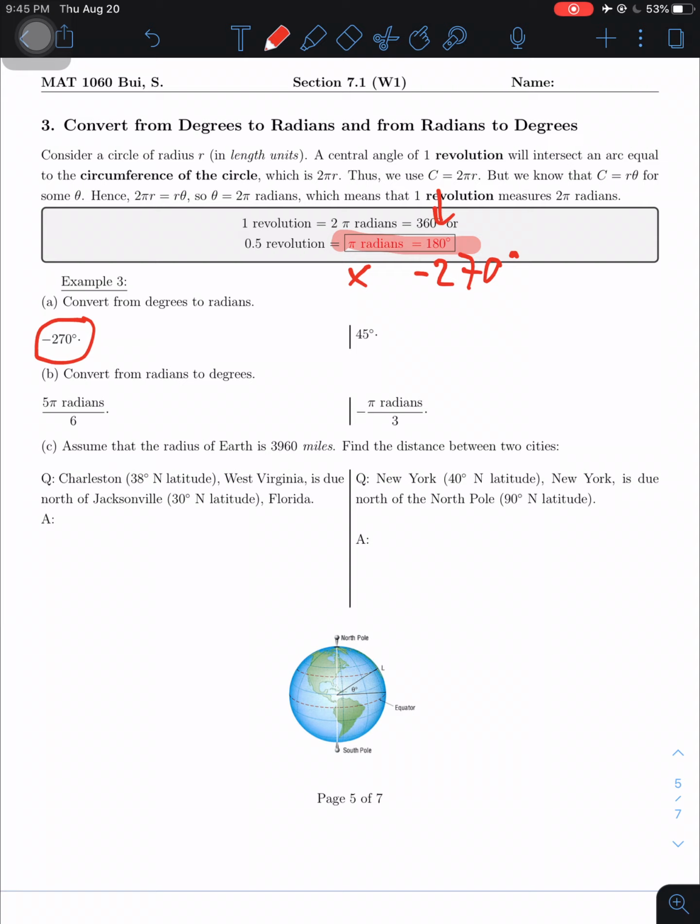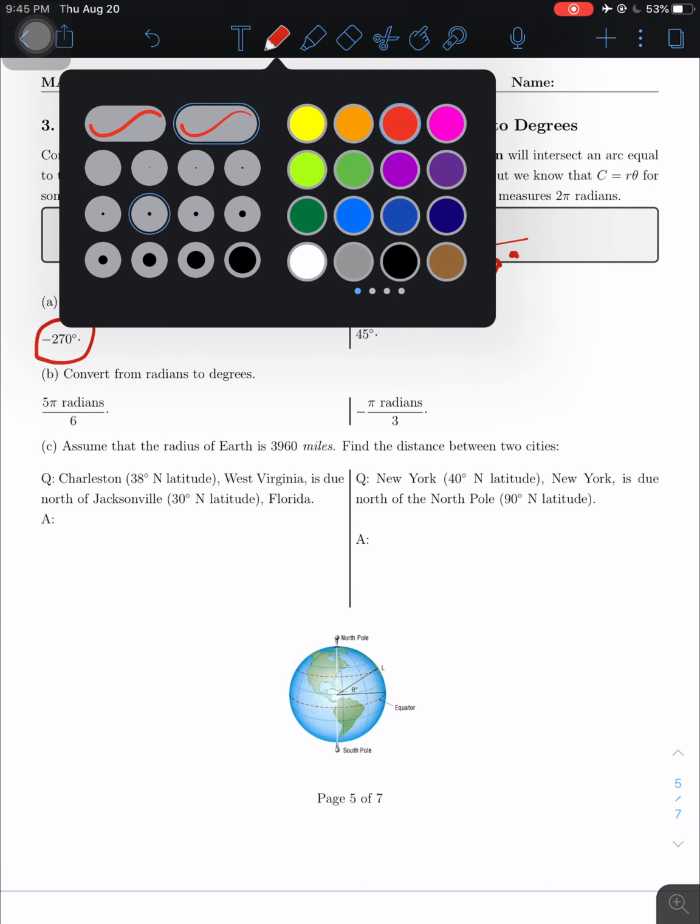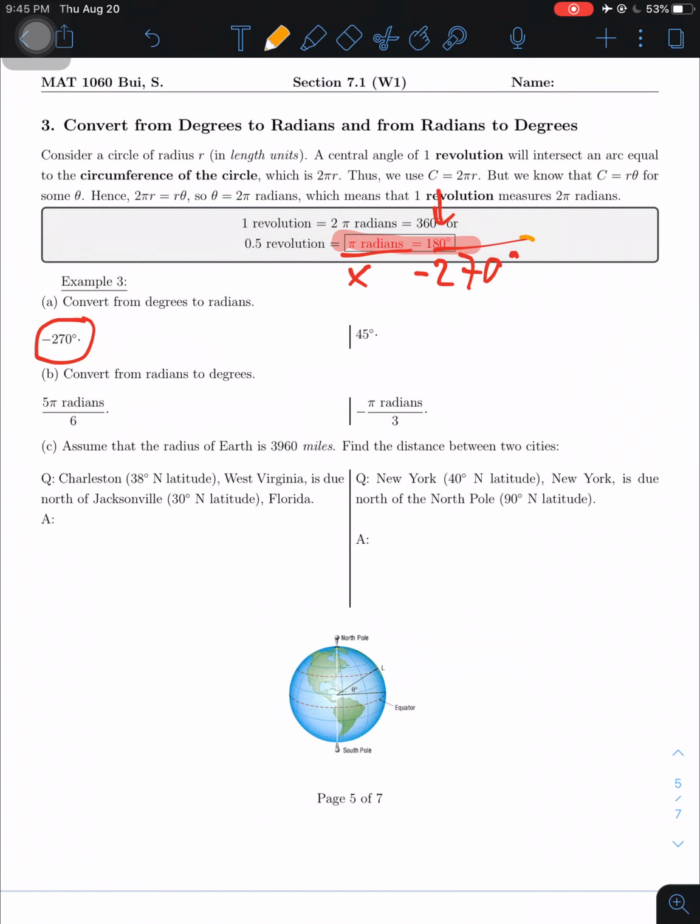And just imagine if you have a fraction here, and an equal sign between. We will do cross multiplication. So let me change it to orange. So we have this cross and that cross. So then we're going to have 180x equals negative 270 pi. And again, we divide both sides by 180.